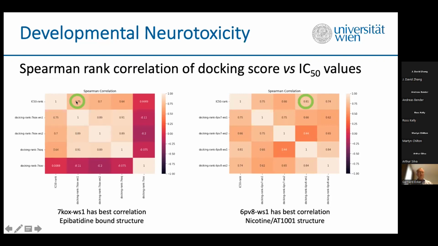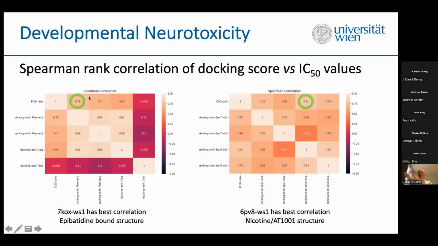And here you see when you do this correlation, when you have the luxury of 15, 16 compounds from the same series with really staggered activity, you can also validate your protocol and the protein model you are docking to via this ranking correlation.